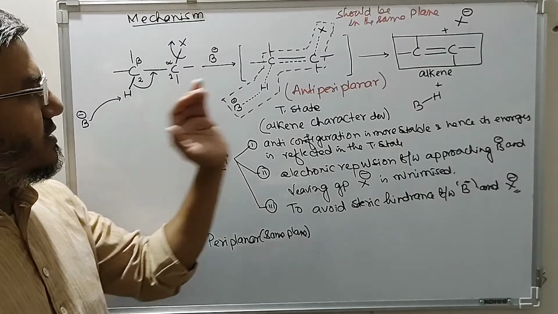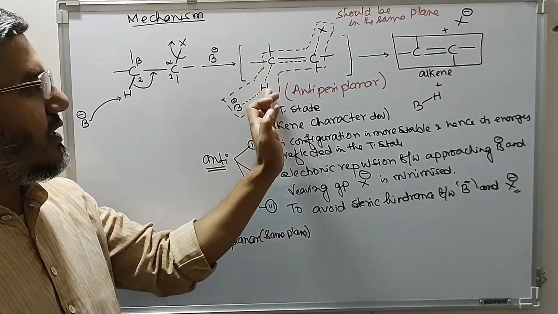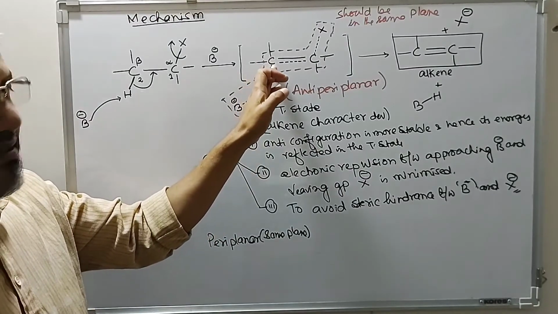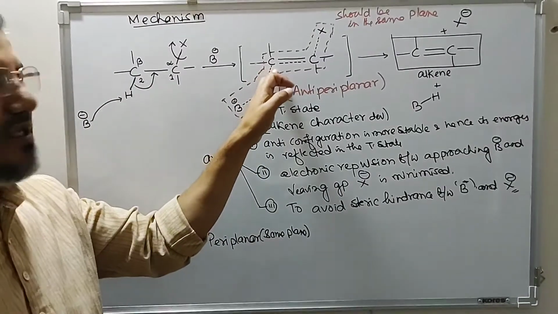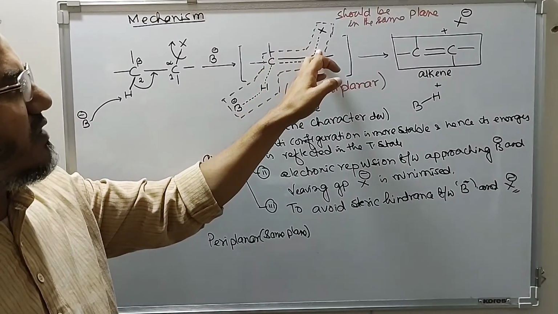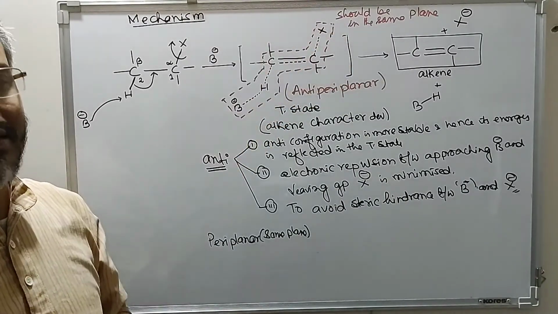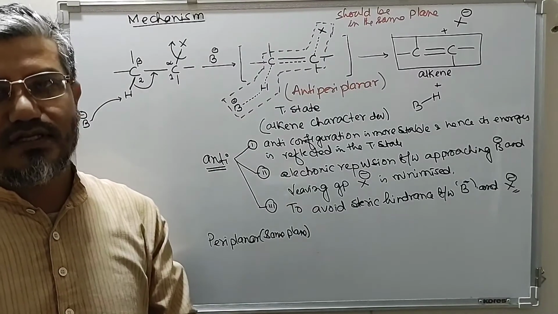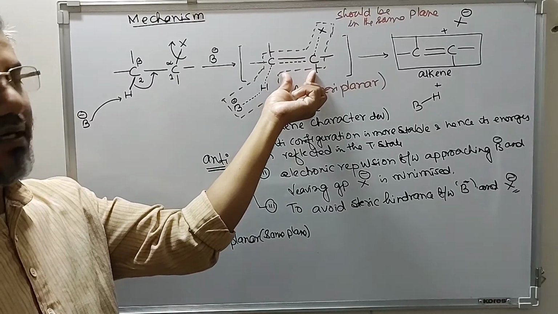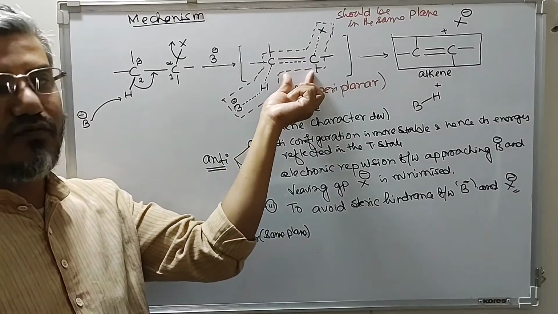Now, as this beta carbon hydrogen bond breaks, there is a p orbital that is being developed, and as this alpha carbon and halogen bond breaks, again there is a p orbital that is developed. Now between these two, alpha carbon and beta carbon, there must be pi bond formation.